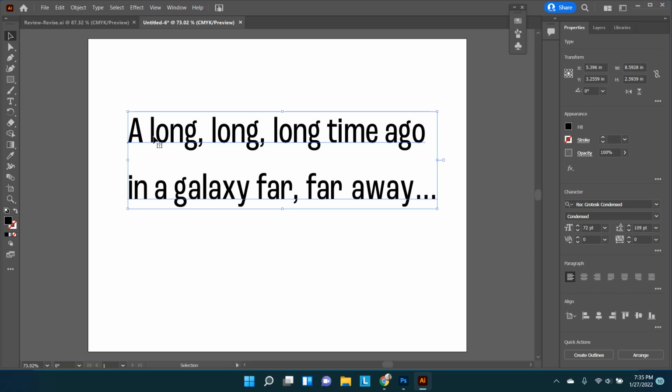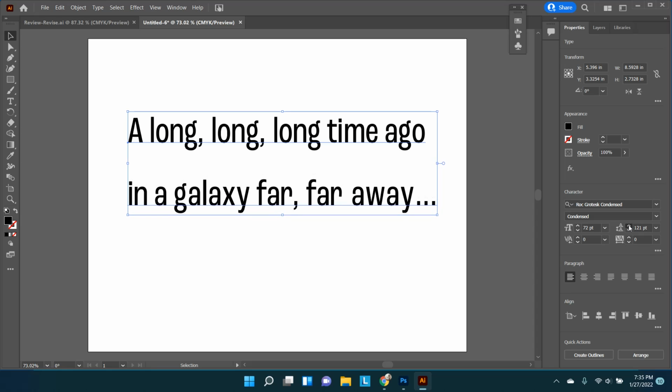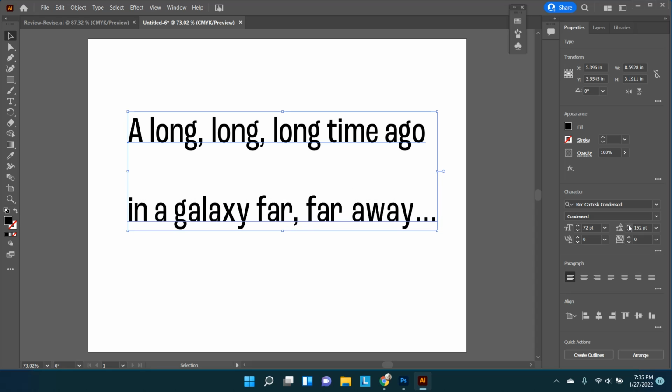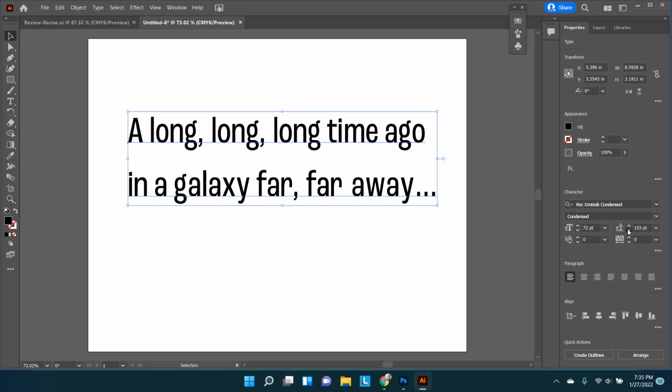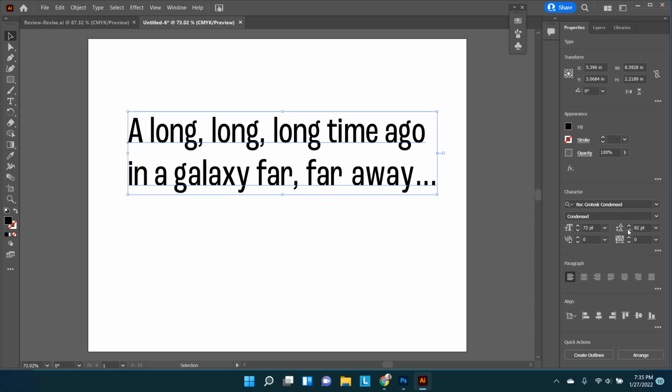So again, I'm going to click back into this text box here, and I'm going to come over here and play with not how far away I can make these, but how close we might get them so that they're not on top of each other, because we have to watch out for the descenders.